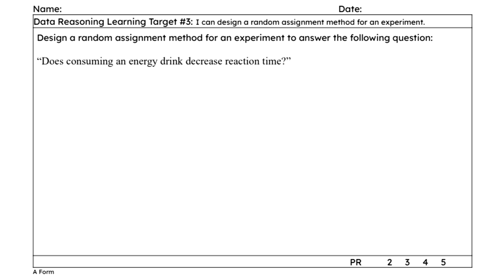So let's imagine what we're going to do here. So we'll pick maybe one kind of energy drink, or maybe we want to pick a few different kinds. So typically here, let's say we're going to have three groups, and let's see, we want to make sure that our groups are big enough.